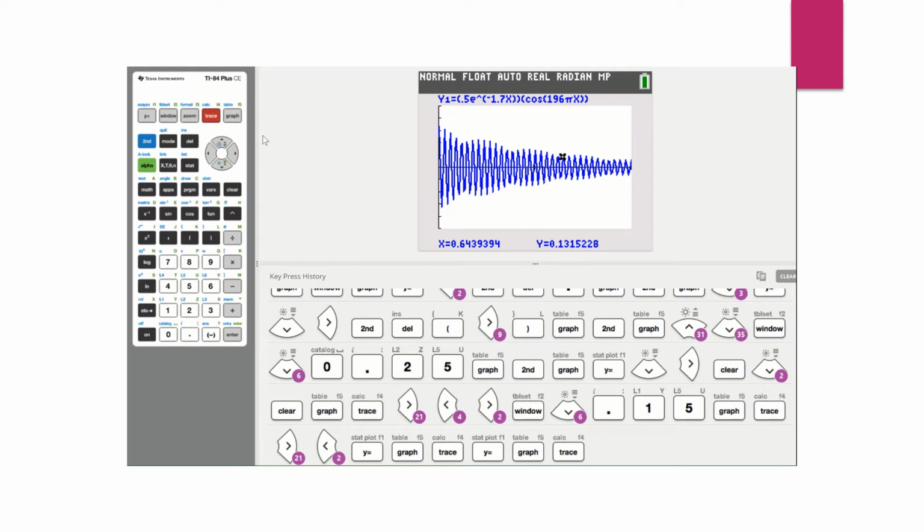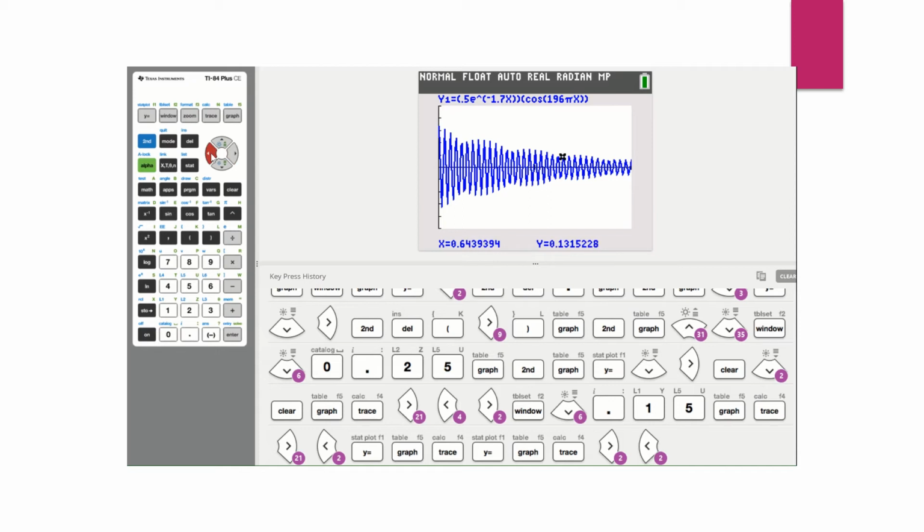It's kind of close to that 0.15. Let me go up here and head down. At x equal to 0.659, y is equal to negative 0.137.